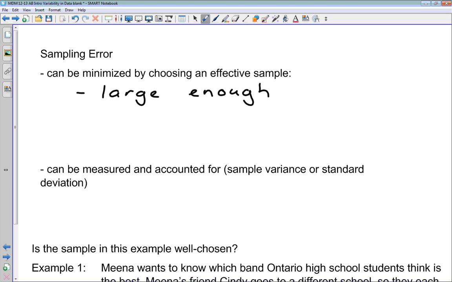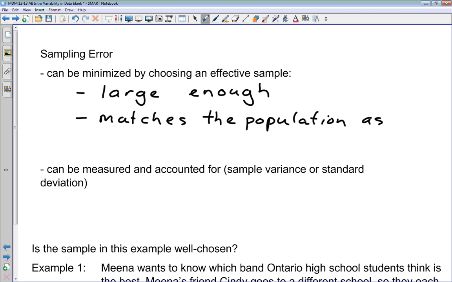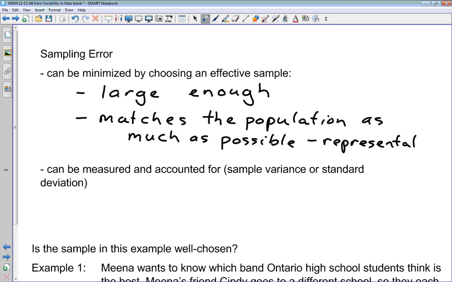Okay, and the big thing for us is we want to be able to choose a sample that matches the population as much as possible. So when we say that, we usually want to say that our sample should be representative of the entire population.